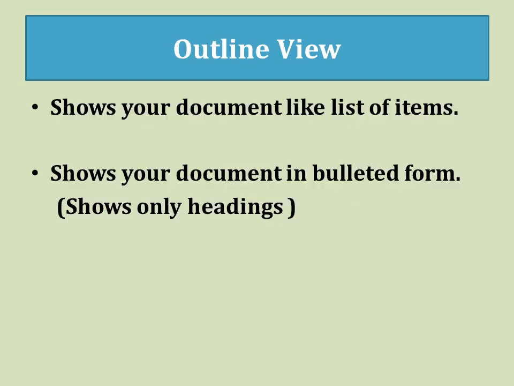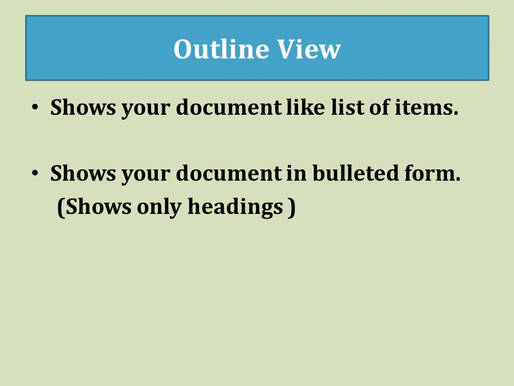Next is outline view. The outline view shows your document in the form of a list of items. When you apply outline view on your document, it only shows the important parts of your document. It only shows the headings of your document in bulleted form. The rest of the content of the document is not shown.